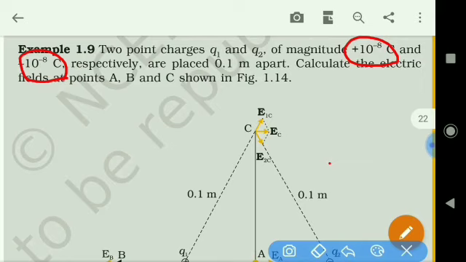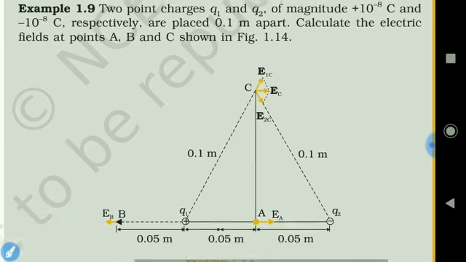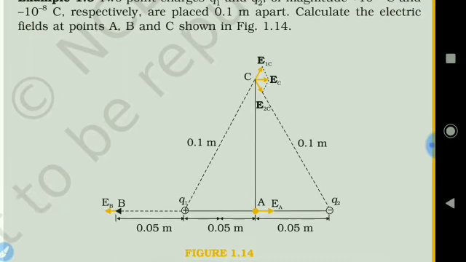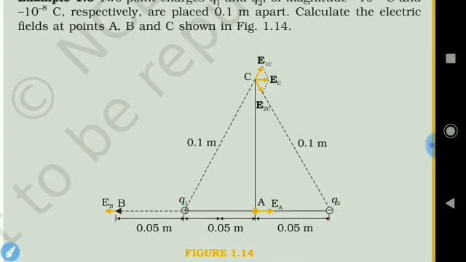The only difference is that one is positive and the other is negative. So these two charged particles are given, their positions are shown in the figure. These two charged particles are placed 0.1 meter apart from each other.